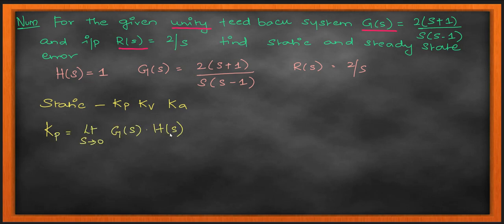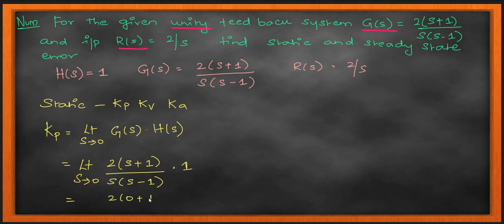So let's quickly get to it. Let's apply the Kp, Kv, and Ka formulas for this. I know my G of S and my H of S, and the limit S tends to 0 is going to give me Kp as infinity, because I have 0 in the denominator, and that's going to bring it to infinity.